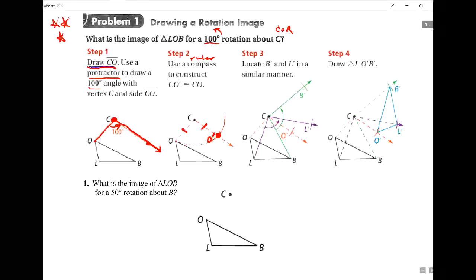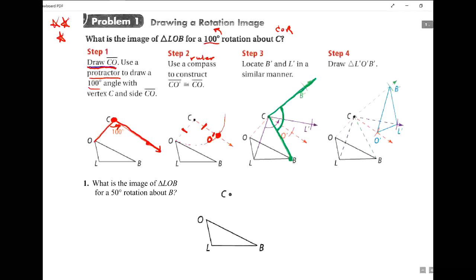And then we do the same thing. We take point B, we draw CB, we take our protractor, find 100 degrees, and we draw a new line.